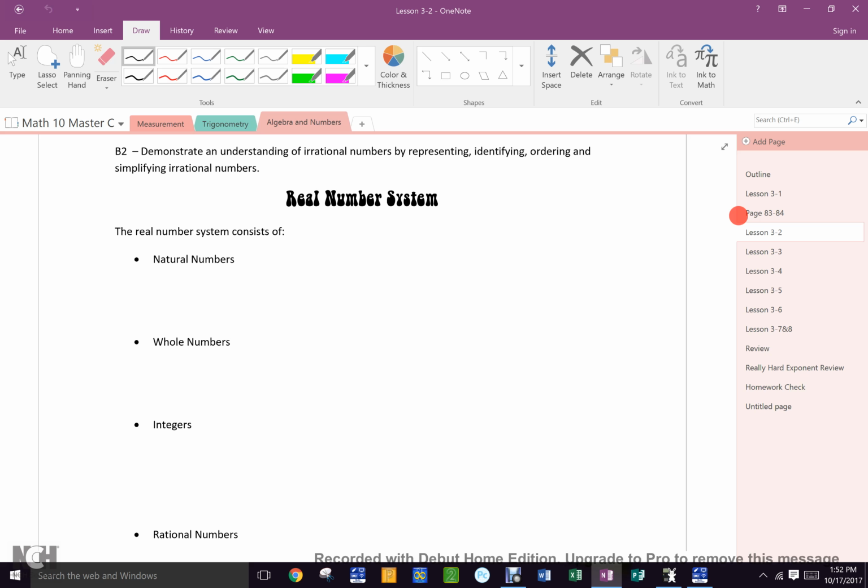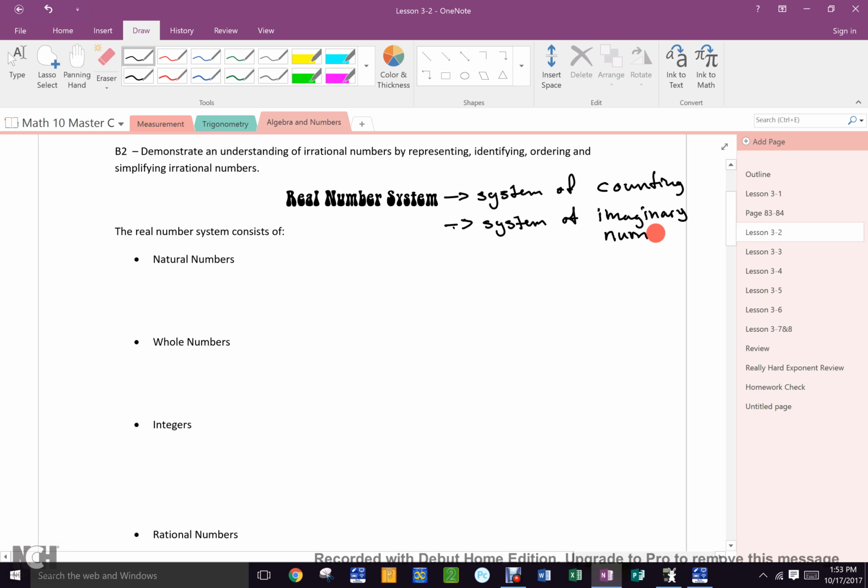Why is it called the real number system? You're exactly right. Because the real number system is our system of counting. But it's called the real number system because there's another whole system. Exactly. Of imaginary numbers.